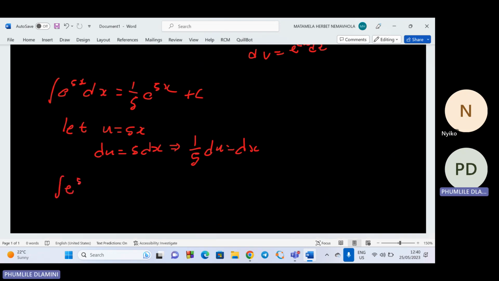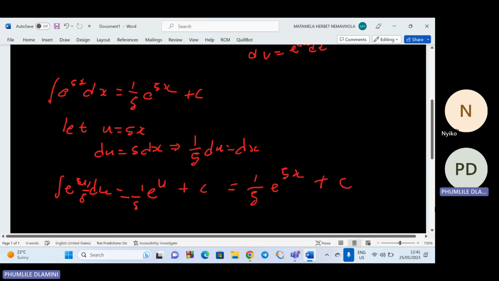So the integral of e to the power u du is just e to the power u plus c. Then when I substitute back, with 1 over 5 du there, it is going to be 1 over 5 e to the power u plus c, which is 1 over 5 e to the power 5x plus c.